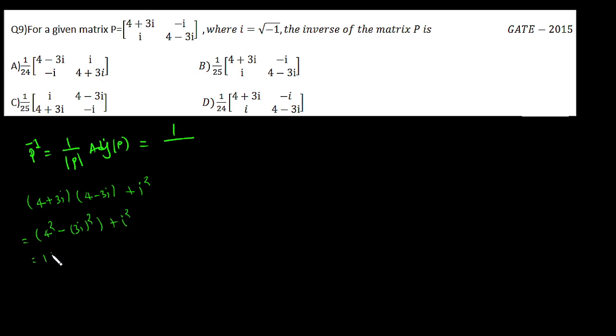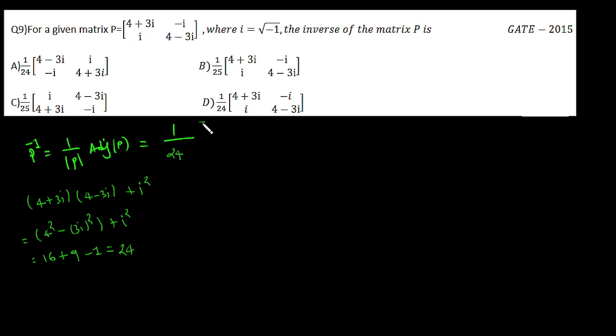So here we are getting 16, and here we are getting 9 i square. i square will be minus 1, so we are getting plus 9. Here we are getting minus 1 from this i square. So after that we are getting 23. No, okay, sorry, not 23, 24, because 16 plus 9 will be 25, minus 1 will be 24. So we have found the determinant of this matrix will be 24.